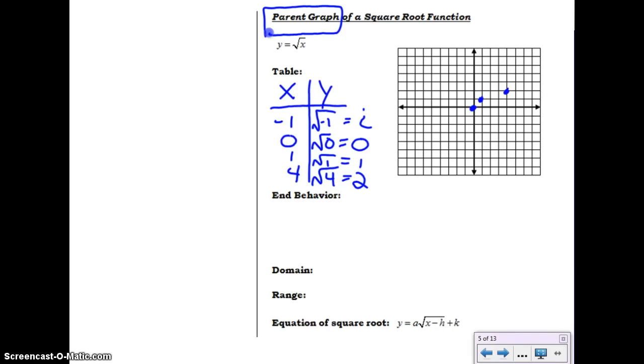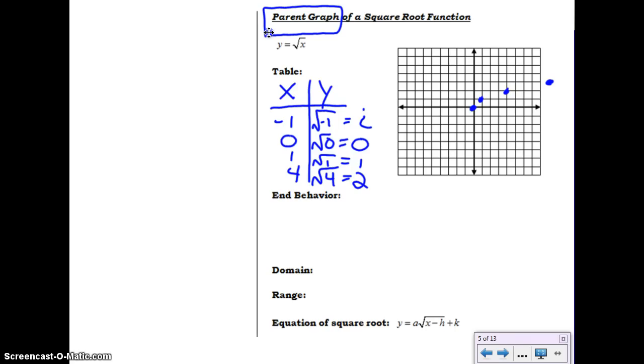And then if you guys think about it, what's my next perfect square? That would be easy for me to graph. So after 4, my next perfect square is 9. So I could also do 9, and the square root of 9 would be 3. So 1, 2, 3, 4, 5, 6, 7, 8, 9 would be out here, and then up 1, 2, 3. Okay?